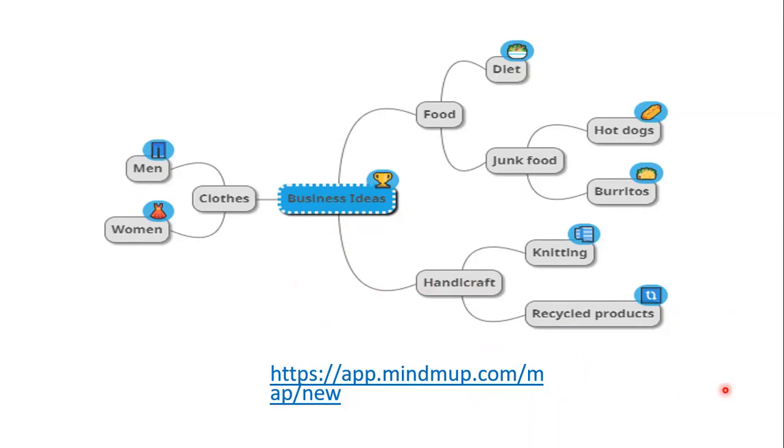So we have here a lot of ideas, like, oh, I have an idea about clothes or maybe about food or handicraft, because I'm very skilled at cooking or doing handicraft or designing clothes or buying and selling clothes, I don't know, okay? So this was just an idea for you to choose something. Please read your homework because I comment on all of your homework.